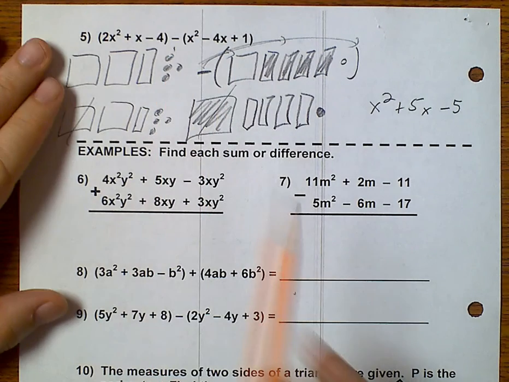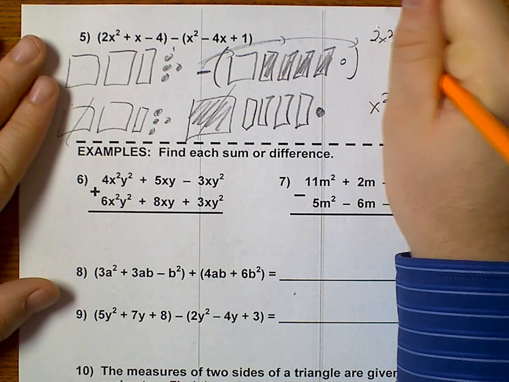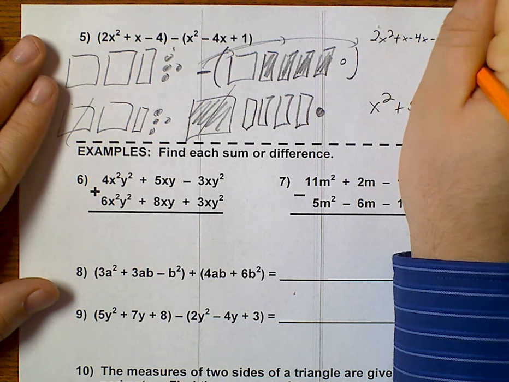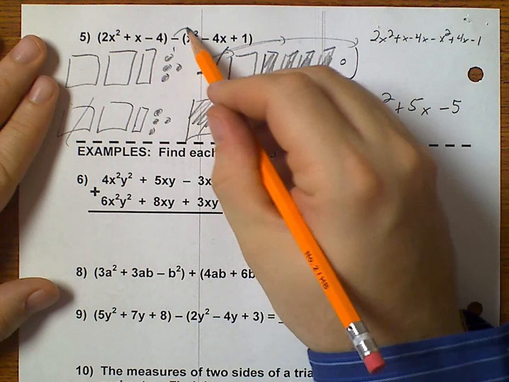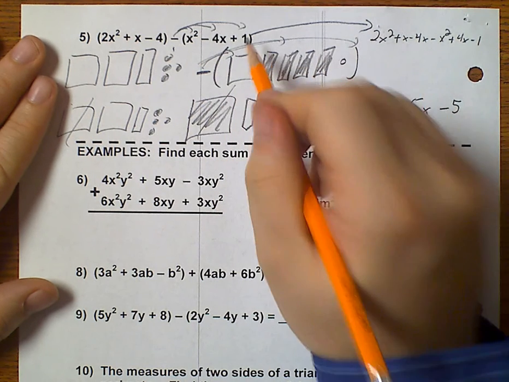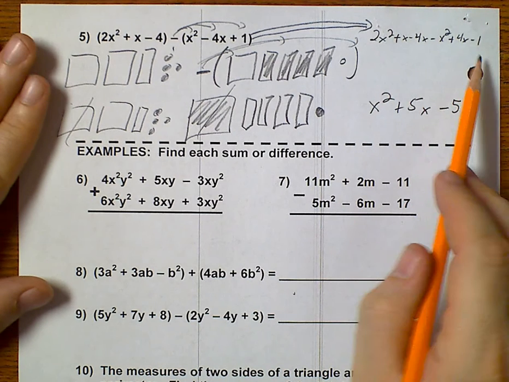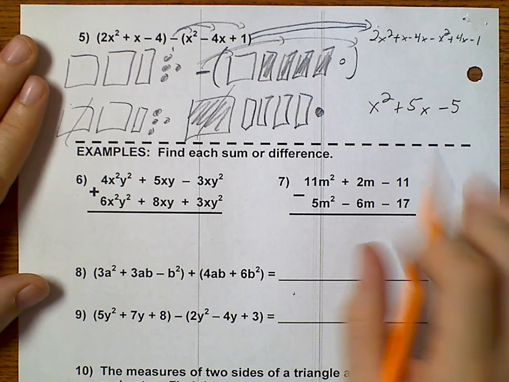Now mathematically I could have said that this was 2x squared plus x minus 4x minus x squared plus 4x minus 1. And that would have brought me over to here, okay, where I would combine like terms and get this.